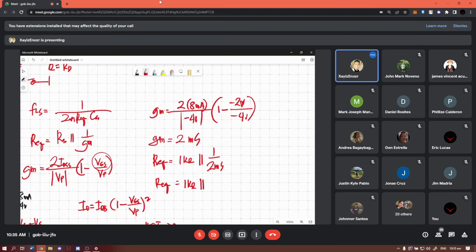Let's compute that first. It's 500 ohms. Okay?